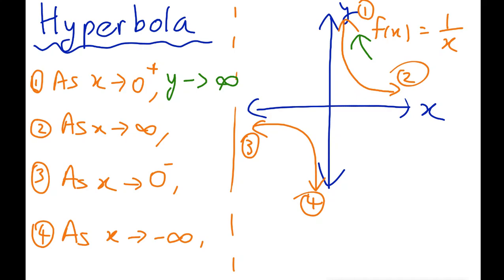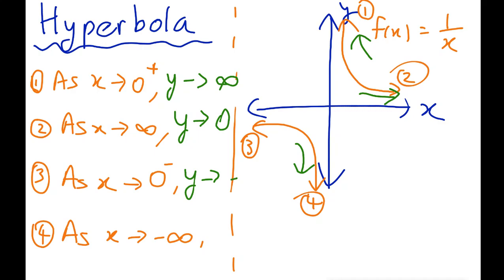As x is going towards infinity, however, which is that bit, notice that it's going to the right, and it's going to get smaller and smaller. And that means y will be going towards 0. I'm going to say going towards for a certain reason. You'll see a little later. As x is going towards 0 from the negative side, so this little bit, notice that y is getting smaller and smaller.